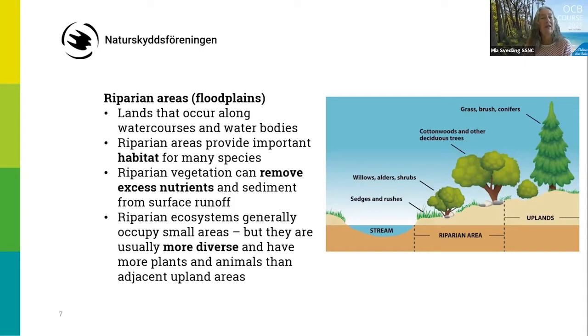And riparian ecosystems generally occupy quite small areas, but they are much more diverse and have more plants and animals than the areas in the vicinity. So they are really important for both the water chemistry and the biodiversity. And I will talk much more about that now, of course.